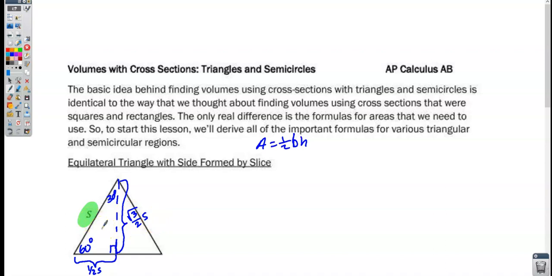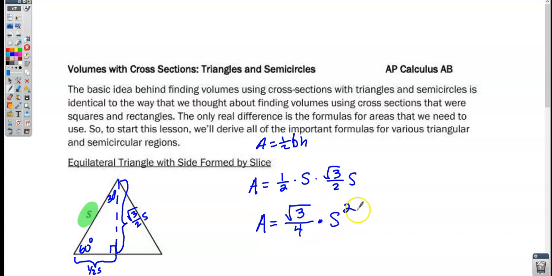Okay, so when we go to find the area of this triangle, the area is equal to 1/2 times the base times the height. The base is just S, and the height is the length of this altitude, √3/2 times S. And so simplifying this, we get that the area of the equilateral triangle is always √3/4 times the side length squared.